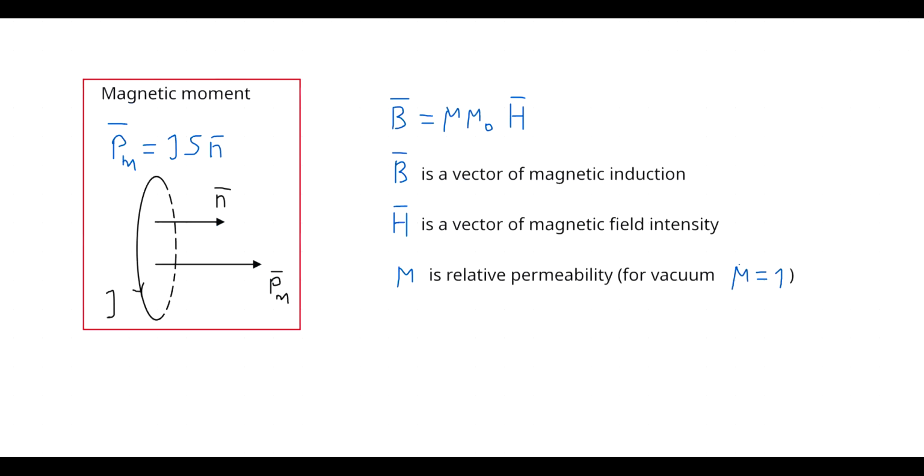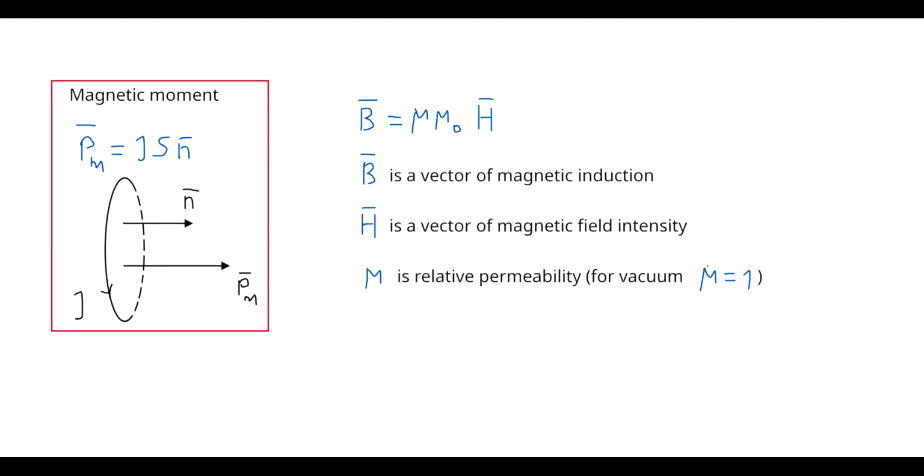And mu 0 is the permeability of free space, or vacuum magnetic permeability, or magnetic constant.